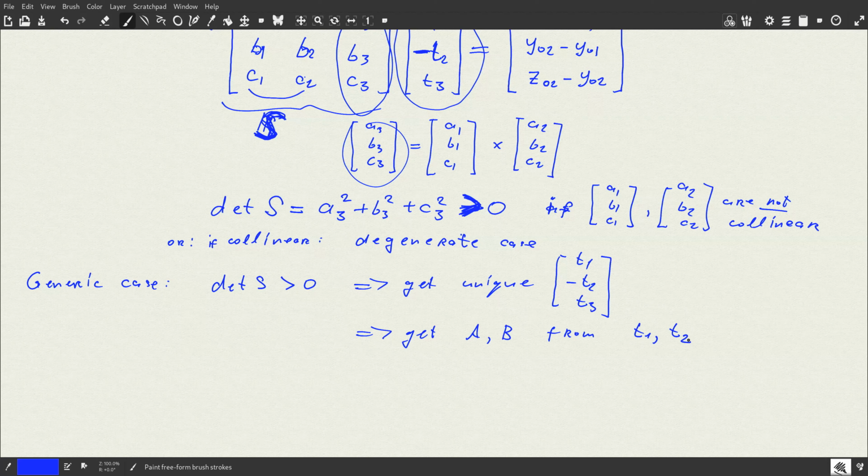If they are collinear and the determinant of this system is 0, it means that the lines are parallel to each other, and there is no unique vector d connecting the points.